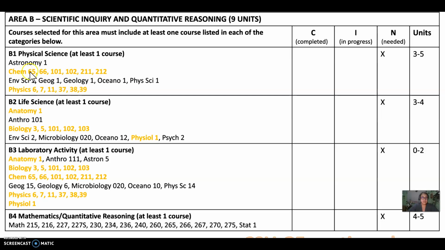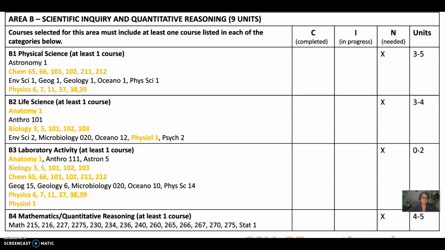So these classes here that are highlighted in yellow, these chemistry, physics, anatomy, biology courses, physiology, also microbiology, they all have mandatory labs. So if you take any one of these classes, you're going to take a lab. You can't enroll in the lecture without the lab.